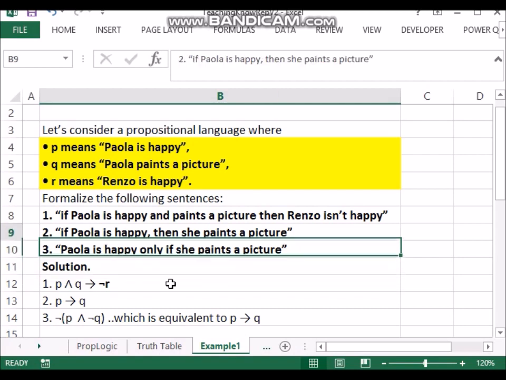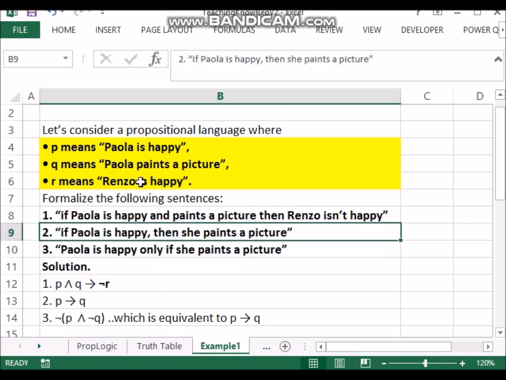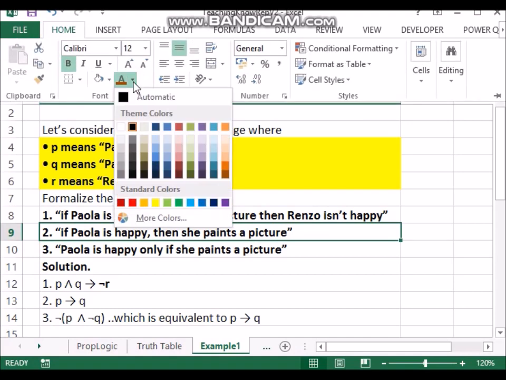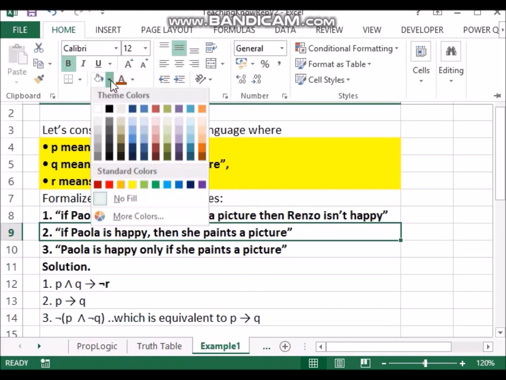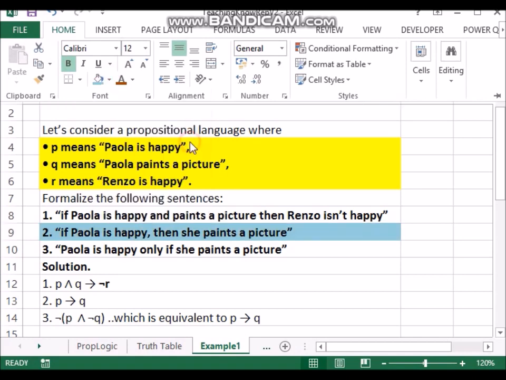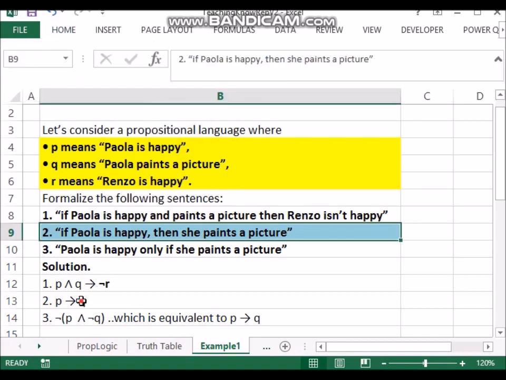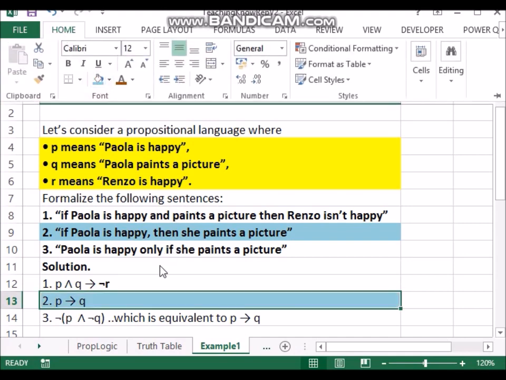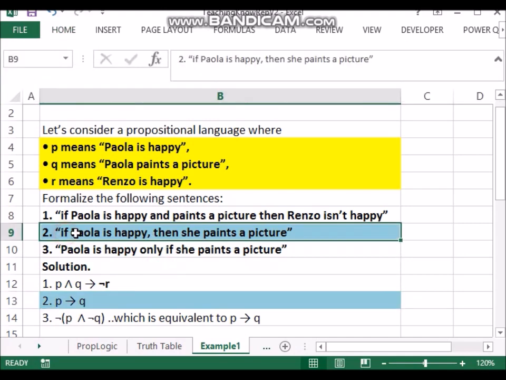Now give a thought on the second one. Can you see a pattern in this? How has the answer evolved for this? This blue one is the same as this answer. Are you able to read it and see the logic in it? If Paula is happy, then.